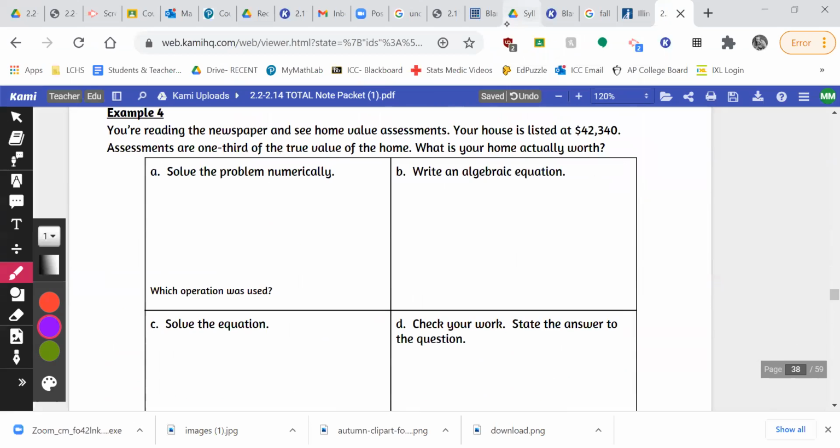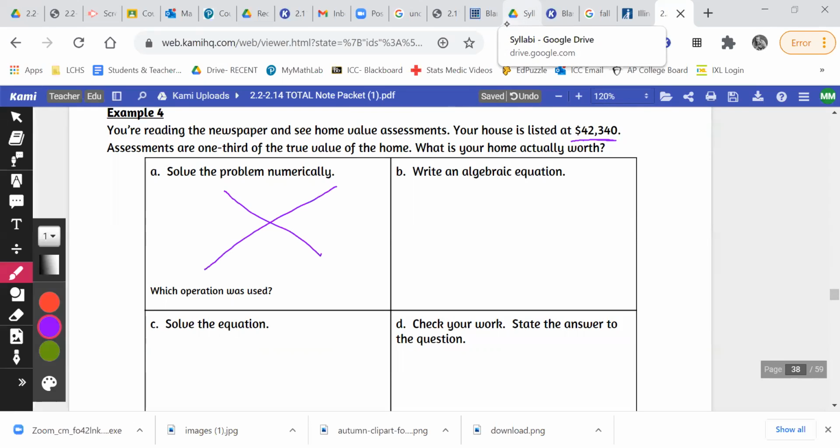Okay, looking at our next example, it says you're reading the newspaper and see home value assessments. Your house is listed at $42,340. Assessments are 1/3 of the true value of the home. What is your home actually worth?